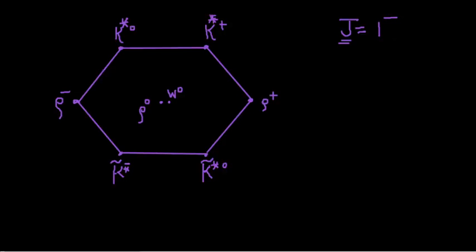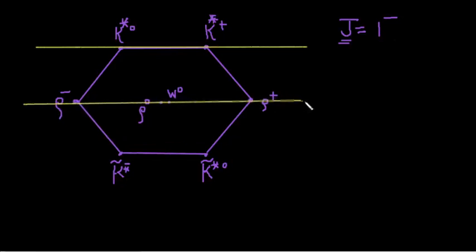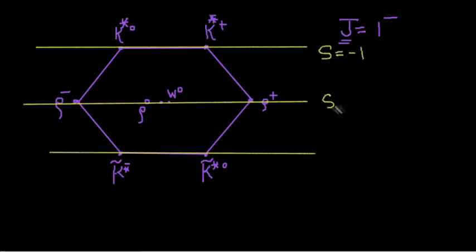Now similarly you need to draw horizontal lines, this horizontal line, this horizontal line, and this horizontal line. All these horizontal lines specify the strangeness. In a similar fashion, that will be S equal to minus 1, S equal to 0, then S equal to plus 1.